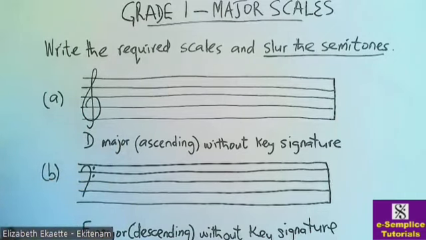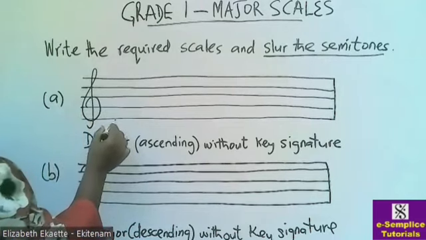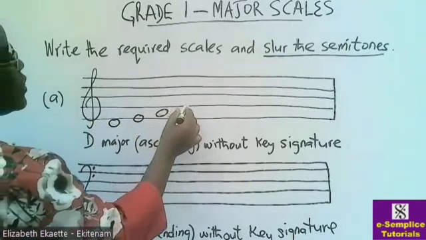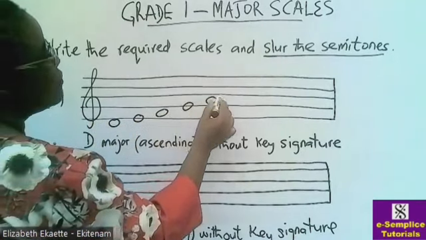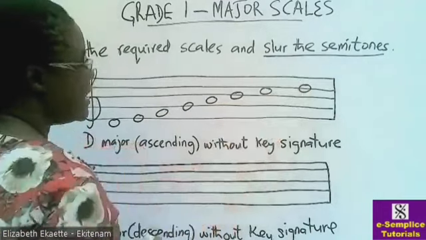And also, let me refresh your memory. Your scale must have 8 notes. So let's go. I'll use semibreves. So this is 1, 2, 3, 4, 5, 6, 7, and 8.